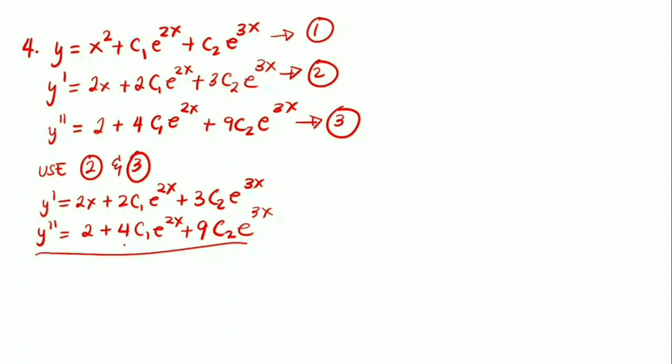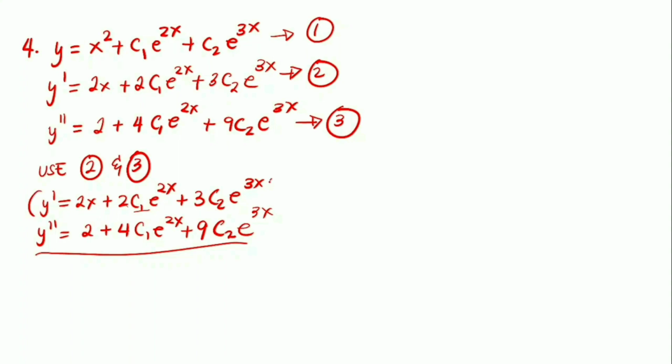So, sa given equation natin, we have two constants here. So, mag-eliminate tayo ng isa. Sa i-eliminate ko, ang unahin ko is yung c sub 1. So, in order to eliminate the c sub 1, we need to multiply the whole equation 2 sa negative 2.